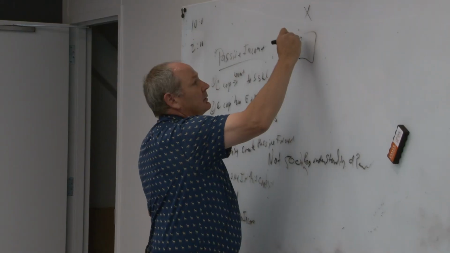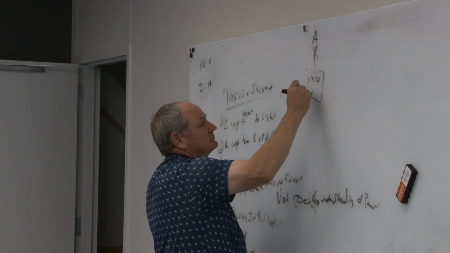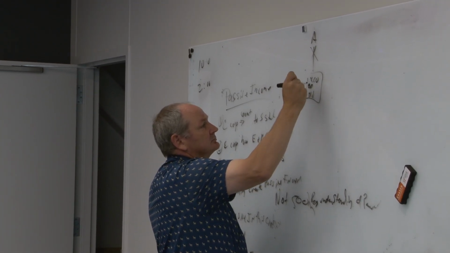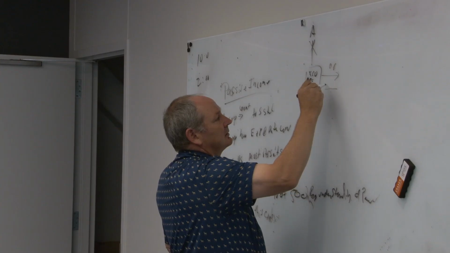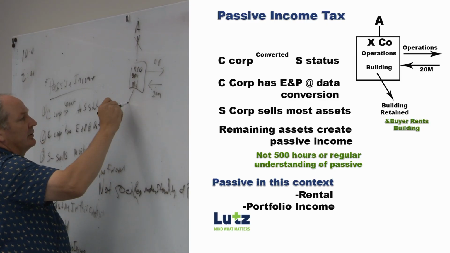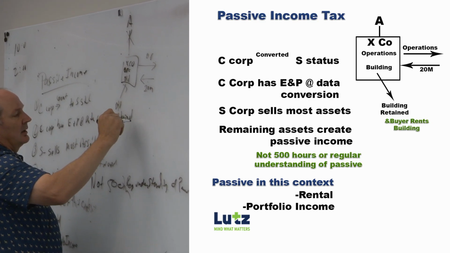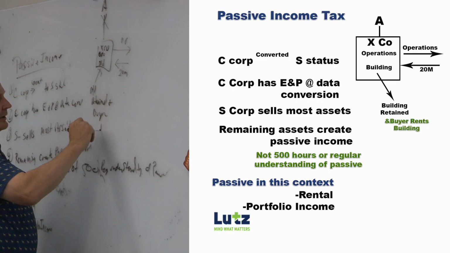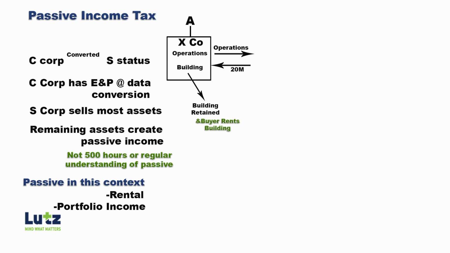So what passive income says, you had Exco. A owns Exco, building and operations. Exco sells operations for $20 million, but the building is retained and the buyer rents the building. This is not uncommon.